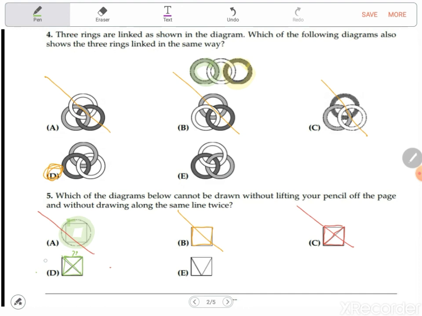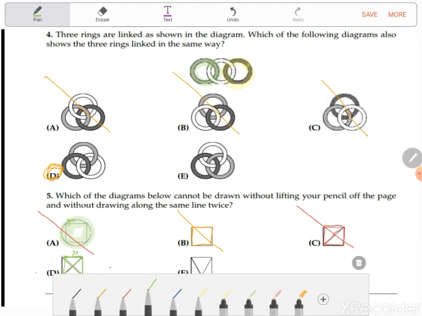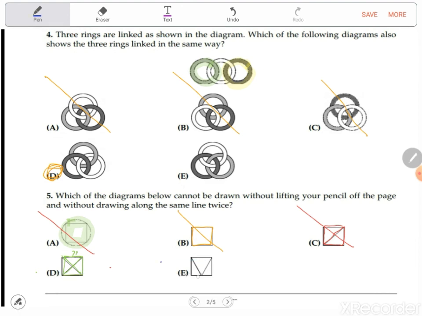So the answer to this question can be D, but let's first check out option E. So for E, we can simply do this, like this, and it's complete. So the answer to this question is certainly D, because it cannot be drawn without lifting your pencil off the page and without drawing along the same line twice.